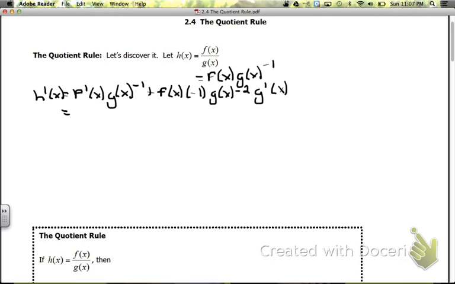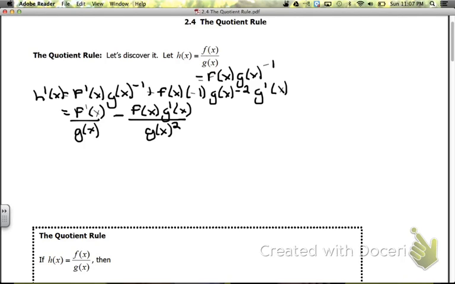So I can rewrite this so I have positive exponents. F prime of x all over g of x, minus, because of the negative 1 there, f of x times g prime of x all over g of x squared.